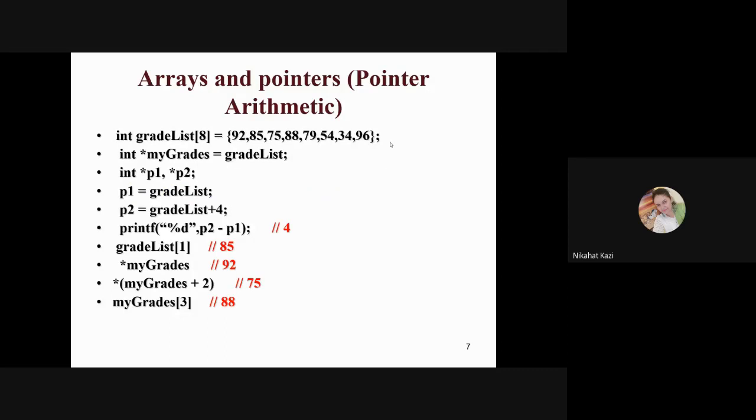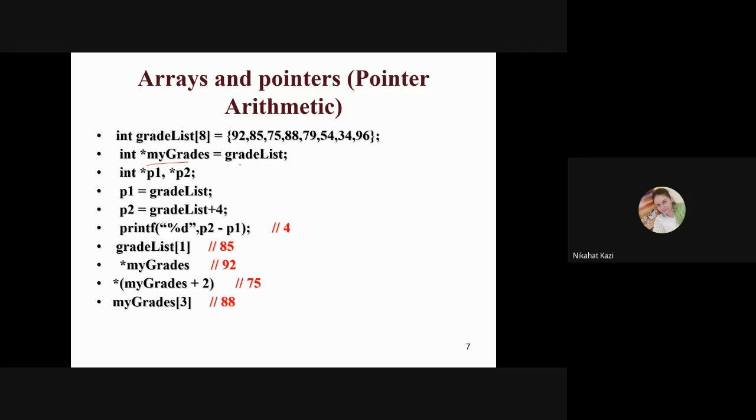Next is one more example. In this example, the array is there with you, and now you're creating a pointer to an integer and assigning it to the first location of the array. Can you see in the second expression, int star my grades? This is a grade list array which has the grades, and there's a pointer to an int called my grades, which is pointing to grade list.